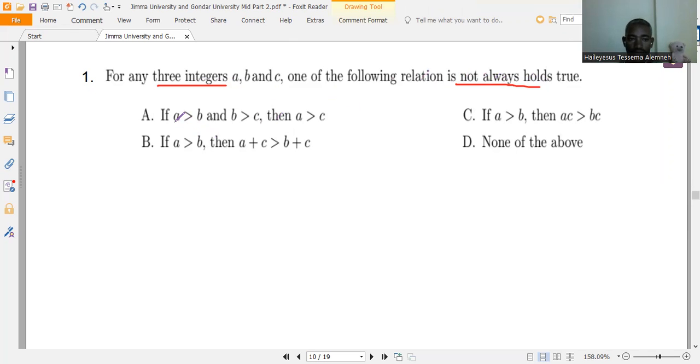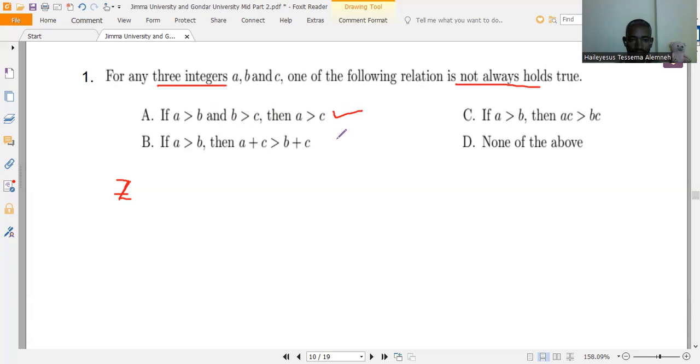Then የመጀመሪያው ምርጫ ላይ if a is greater than b and b is greater than c, then a is greater than c. Then b, if a is greater than b then a plus c is greater than b plus c ነው የሚለው። c ላይ ያለው ምርጫ if a is greater than b then ac is greater than bc ነው የሚለው። And none of the above. አሁን on the set of integers ነው። On the set of integers የትኛው ፕሮፐርቲ ነው not always true ሊሆን የሚችለው? a greater than b and b greater than c, then a is greater than c.